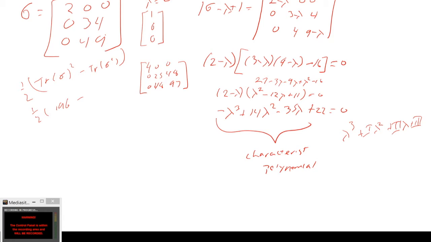The trace of this is 126. 196 minus 126 is 70. One half of 70 is 35. That's good. And the determinant of this is 2 times (3 times 9 minus 16), which is 2 times 11, which does give us 22.